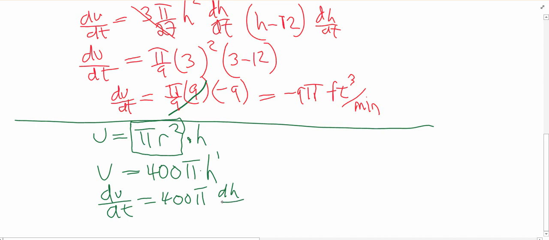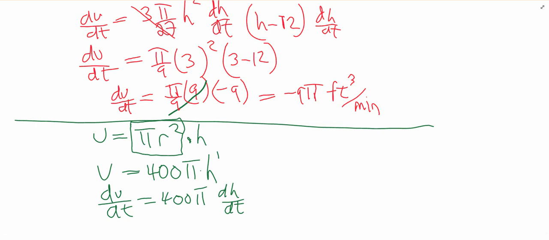But we have our dH dt, right? Okay, now what do we know about the height? What's the height changing?